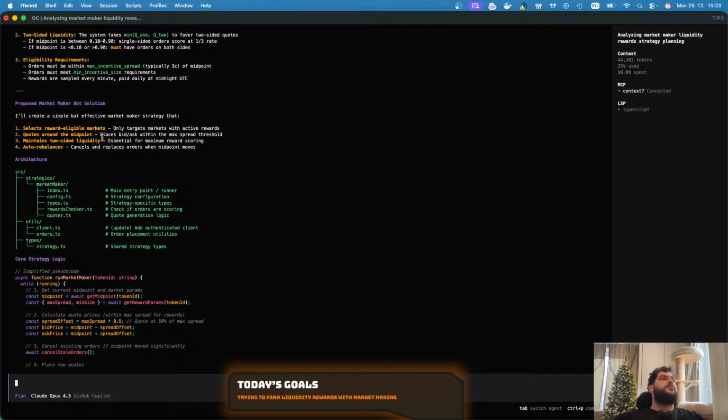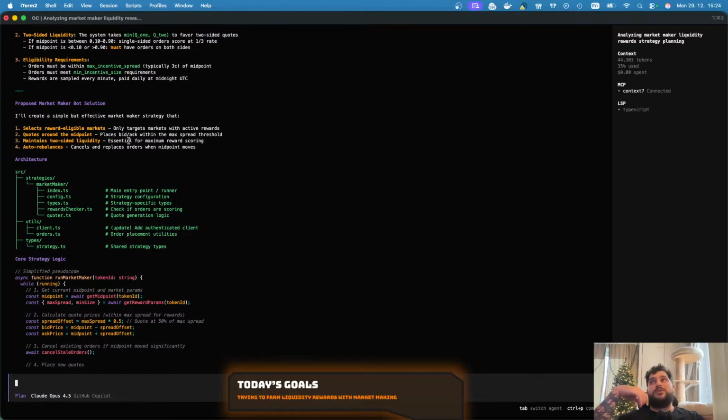Proposed market maker bot solution. The interesting part. I'll create a simple but effective market maker strategy that selects reward-eligible markets, only targets markets with active rewards, quotes around the midpoint. So I think on the first one we want to be able to use that manually, right?